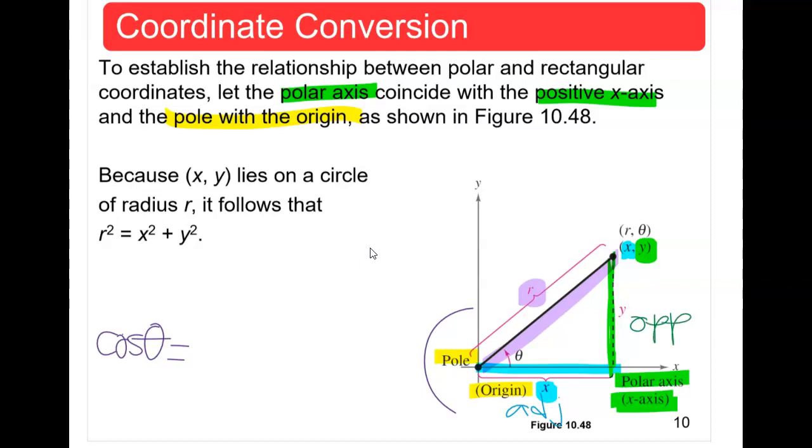I say opposite because it's opposite to the angle that we have here, theta. So cosine of theta is going to be adjacent, that's x, divided by the hypotenuse, which is r. If I want to solve for x, the r is dividing here, so we take it across the equal sign. It will go from dividing to multiplying. So it will be r cosine theta.